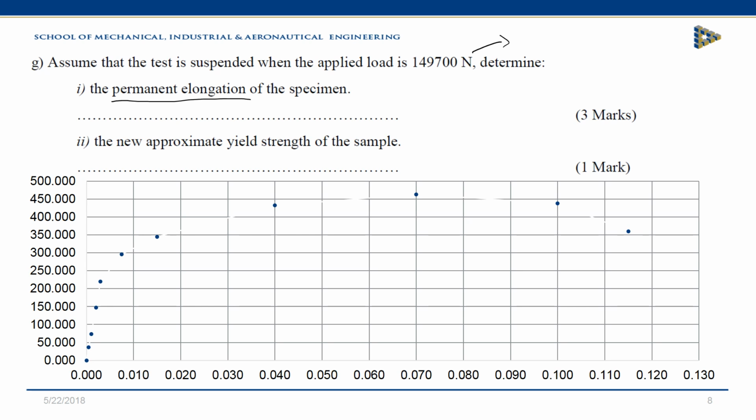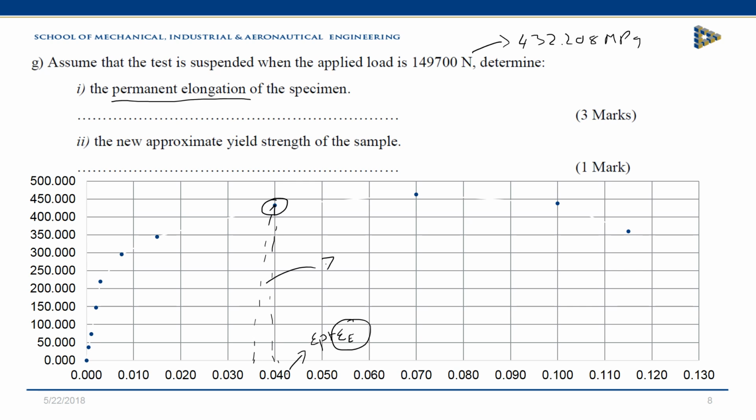So we've got a stress of 432.208 MPa. So it's this stress here. Now it says the permanent elongation. Now remember, this displacement here, or this strain here, is a mixture of plastic and elastic. Now I need to subtract that elastic from this value. So the question is, what is that elastic strain, and how do I calculate it?